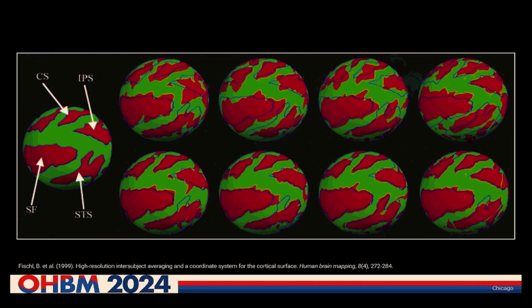What we can see on the left-hand side is the folding template, with red representing the sulci, or the dips, and the green representing the gyri, or the peaks. The top row represents individual cortical folding patterns in their native space, and then the bottom row represents them in their template space.